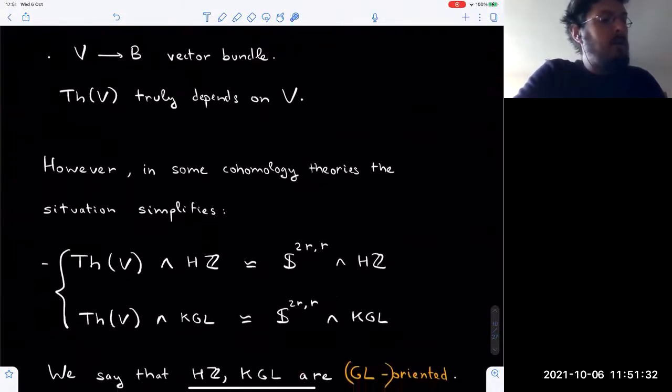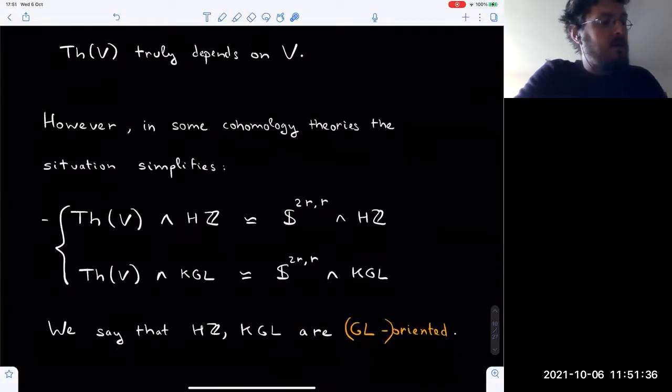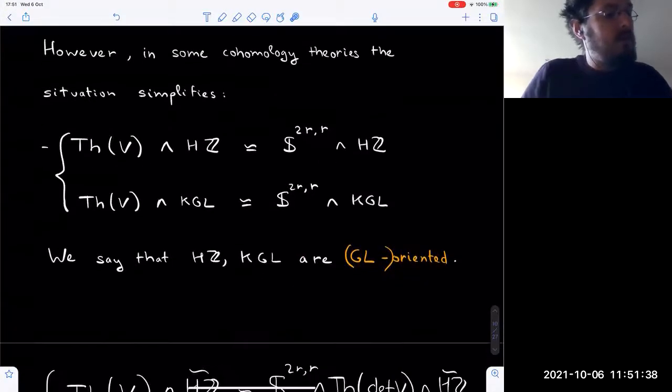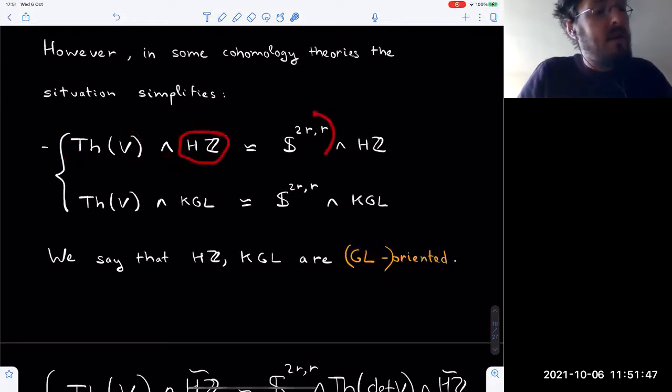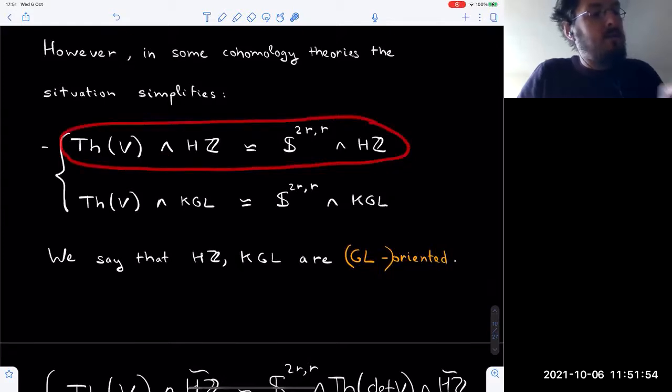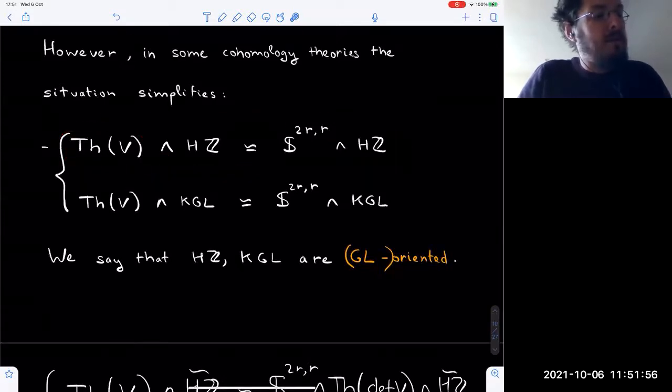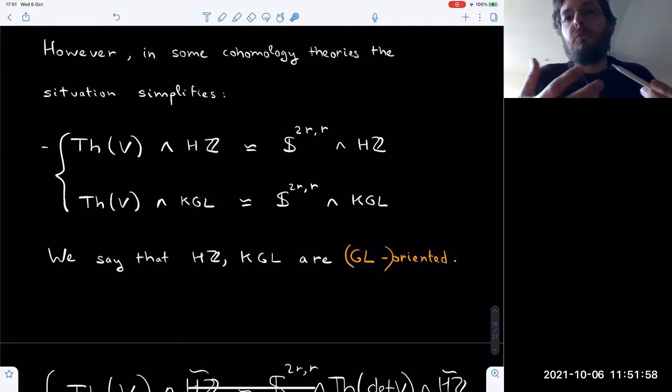But in some cohomology theories, the cohomology theories that we have seen before, the situation simplifies quite a bit. So for instance, if you take the motivic cohomology spectrum and you take any Thom space and smash it with the motivic cohomology spectrum, then you always get a sphere again smashed with the spectrum. This, if you haven't seen these things written like this, is maybe a bit confusing, but it is saying that from the perspective of motivic cohomology, of the spectrum HZ, all Thom spaces are trivial.